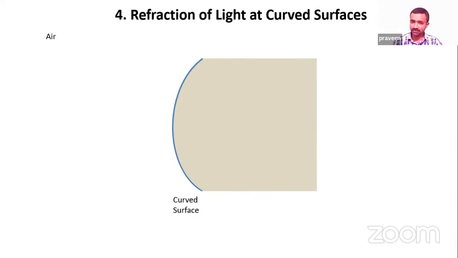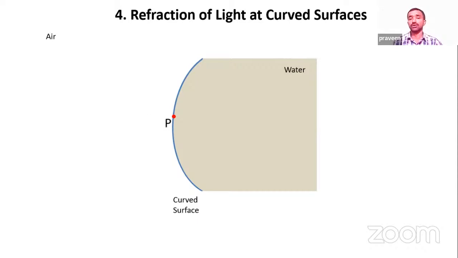On the curvature, I'm identifying the midpoint. The shaded region is the denser medium and the unshaded region is the rarer medium, air. That red spot is given on the curvature. That is exactly the midpoint on the curvature. The midpoint on the curved surface is now called the pole.